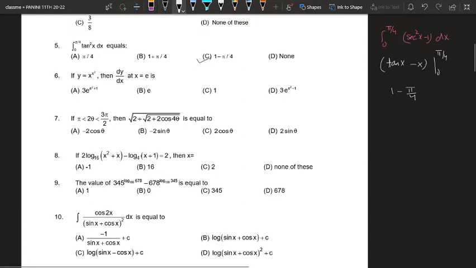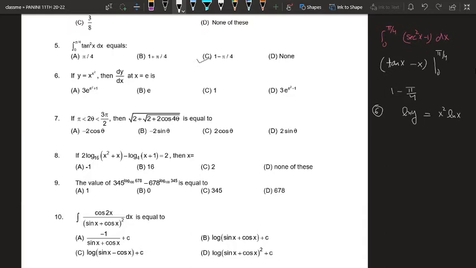Now next is differentiation of y is equal to x raised to power x square, then dy by dx at x is equal to e. To solve this problem, it is convenient to take log both sides. So problem number 6: ln y is equal to x square ln x.